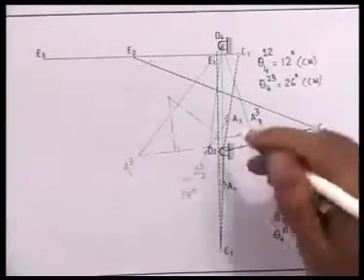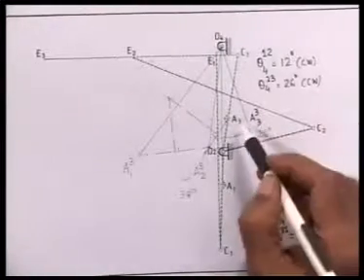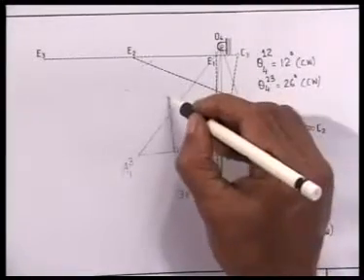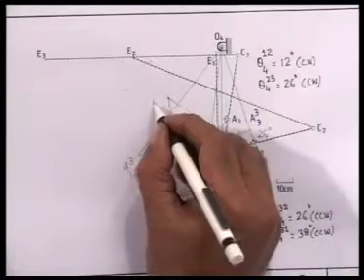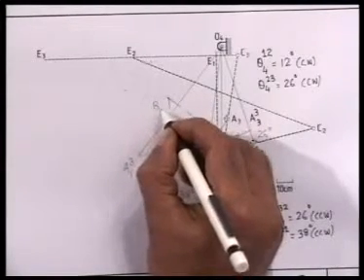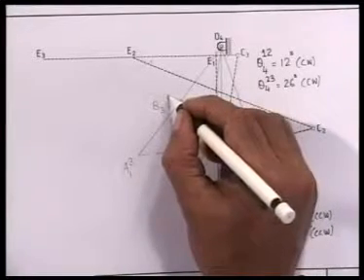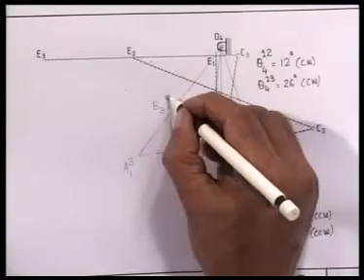and this is the perpendicular bisector of A33, that is A3, and A23. These two lines meet here, which will locate B3. This is where that compound hinge, second order hinge, is located at the third configuration.